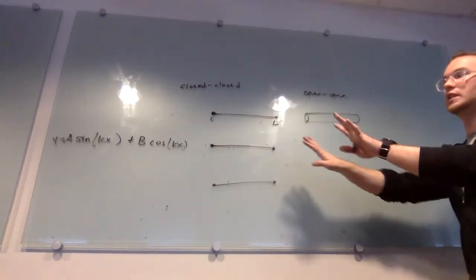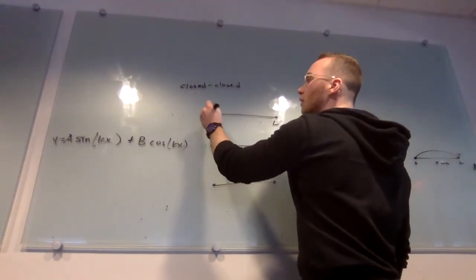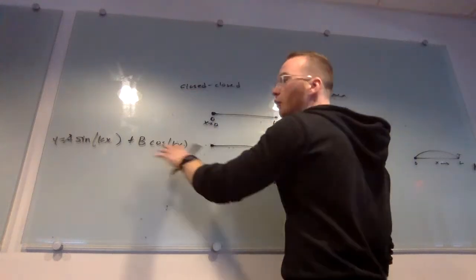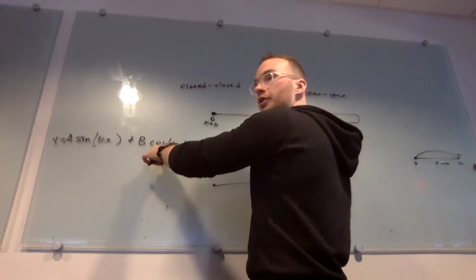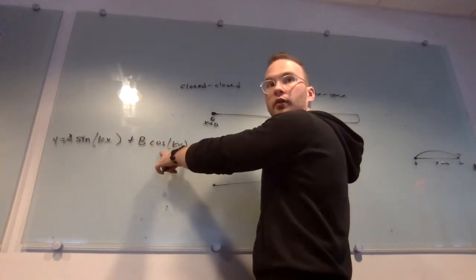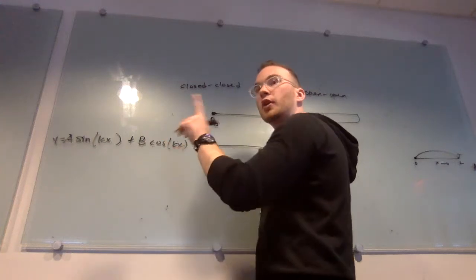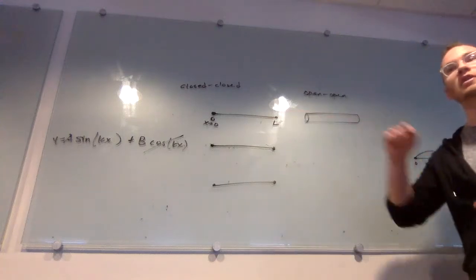This is just an easier way to see that at position 0, at x equals 0, we want the amplitude to be 0 always. Always doesn't mean anything anymore because there's no time. But that means that cosine at x equals 0 is 1, so this component is always going to give a contribution of 1 at 0, so we can't have it at all. B has to be 0.